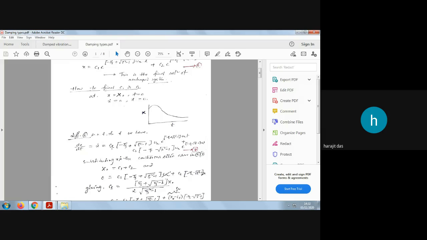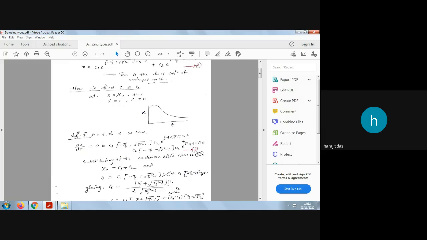Okay, so c1 will be there, the bracketed term will be there, omega n will be there, and e to the power 0 will be equal to 1, meaning c1 and the bracketed term plus c2 into the bracketed term. Because this will be equal to 0, omega n will remain here.